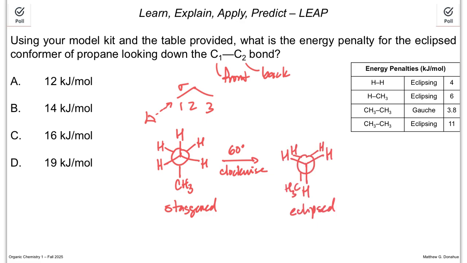And now that conformer is called eclipsed. So you'll notice there's 3 eclipsing interactions, and what we have to do is go up to the table here, see what each of them are, then add them together, and that gets our total strain for that conformer. So we have HH, so that would be +4. Then we have methyl H, so that's +6, and then a second HH. And so that would get us 14 kilojoules per mole.